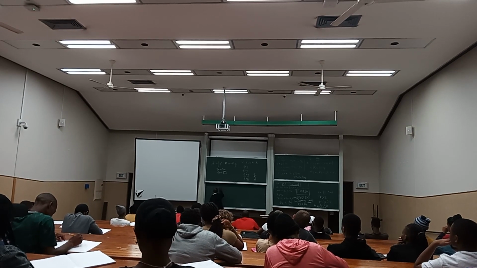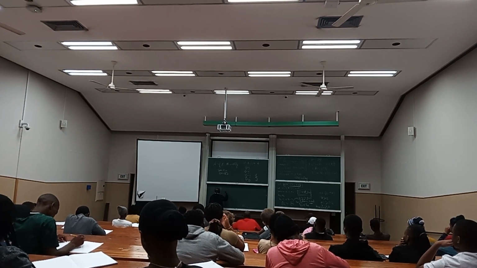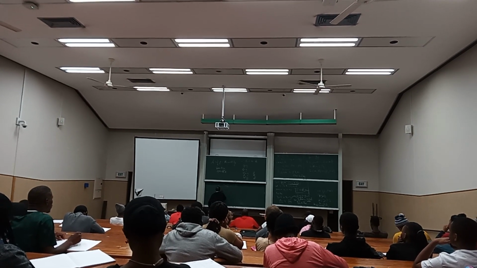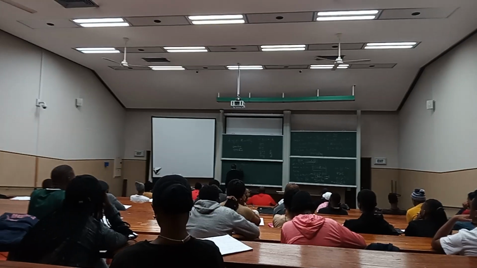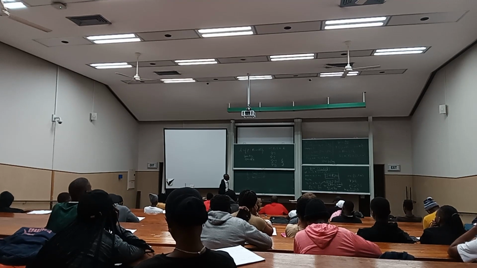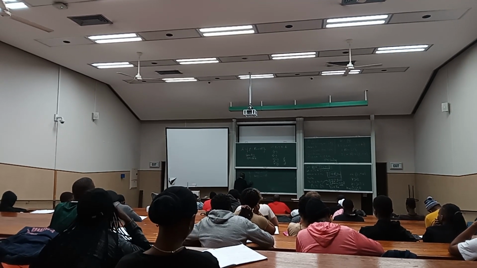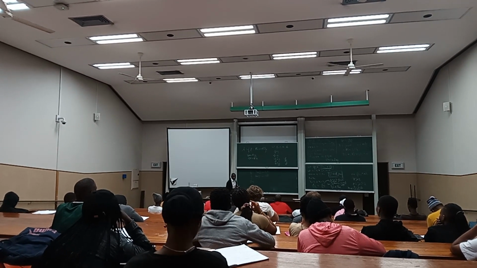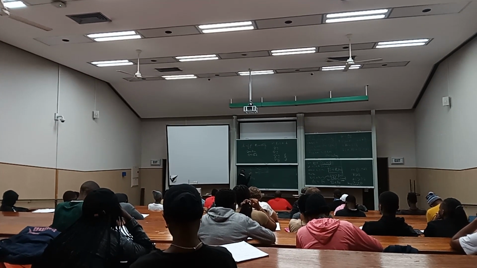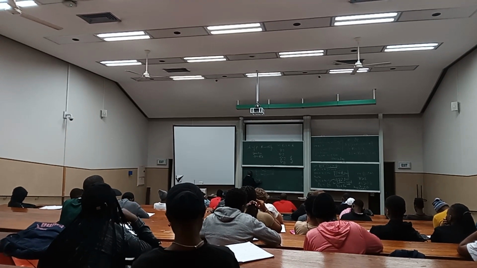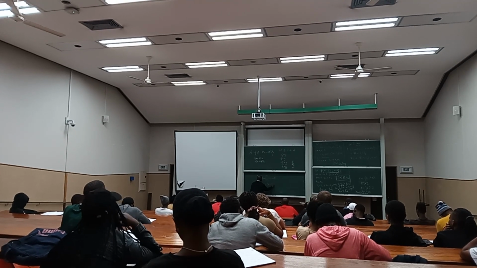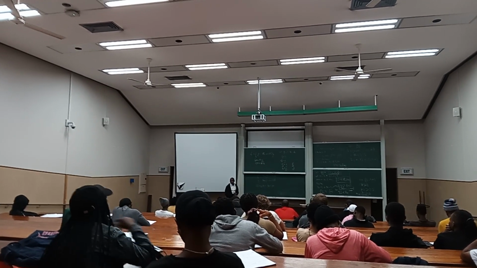So considering f is defined from the domain of f to R, and j is defined from the domain of j to R. If I want to do f plus j, I can evaluate f plus j on any arbitrary element x, and by definition it will be f of x plus j of x.